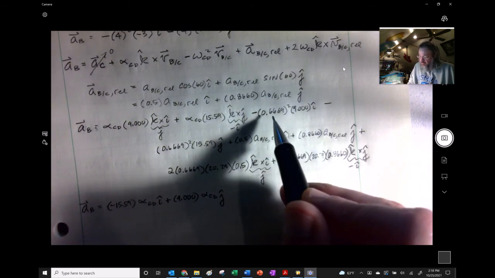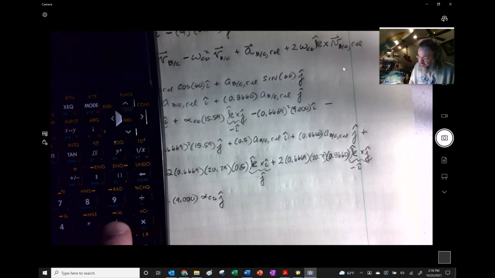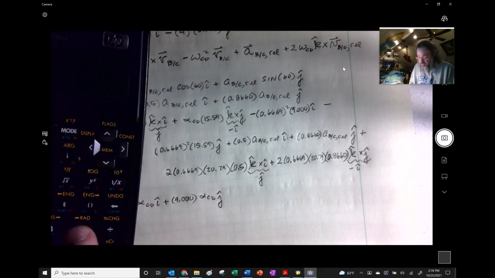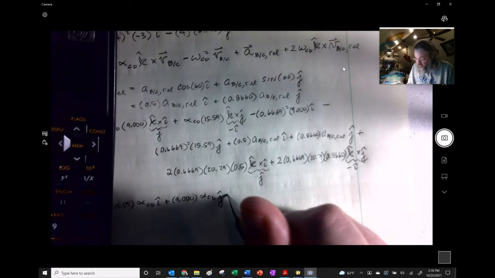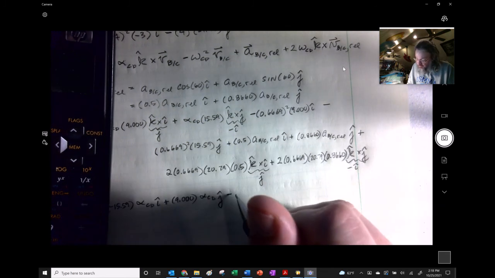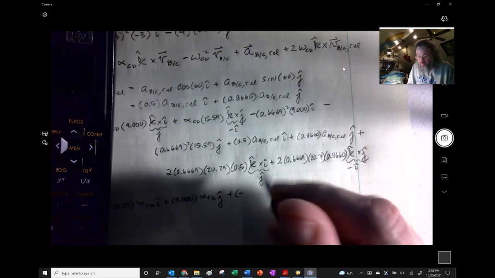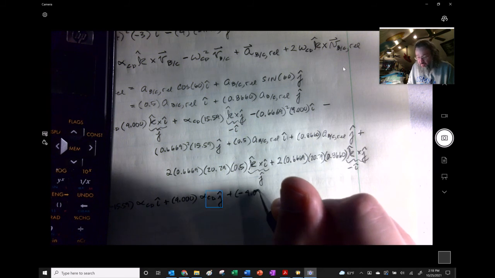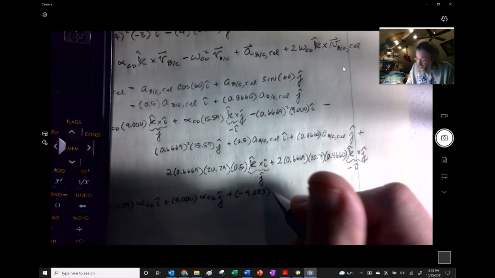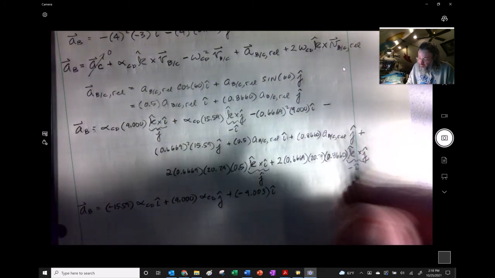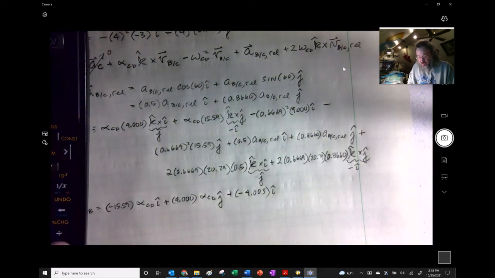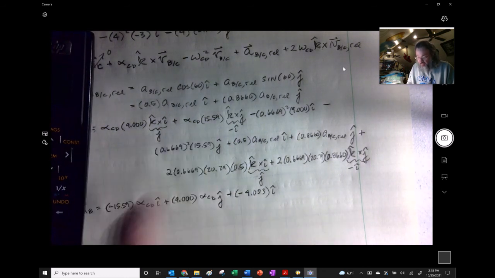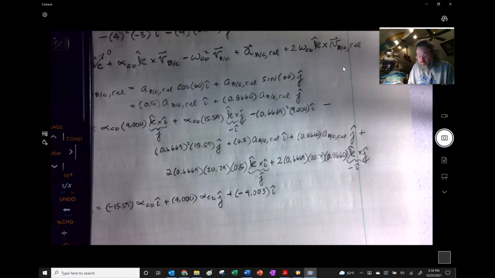This is next, so let me get this number, 0.6669 squared times 9 comes out to, and that's negative, negative 4.003. I think I got that right. And then same thing here: we're going to go 0.666 squared and multiply it by 15.59. Boom.